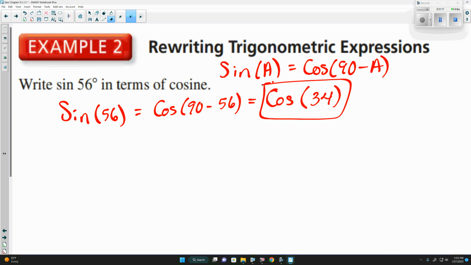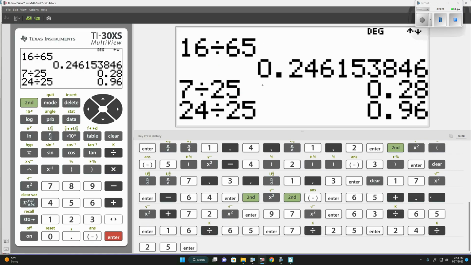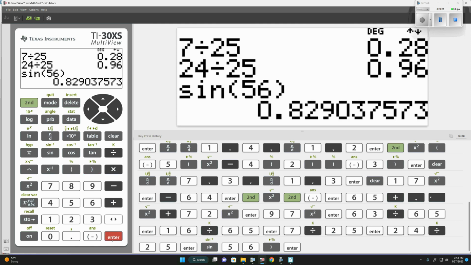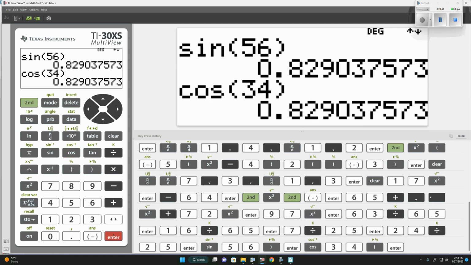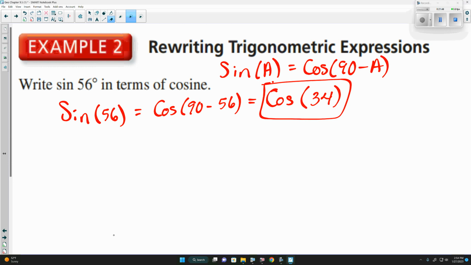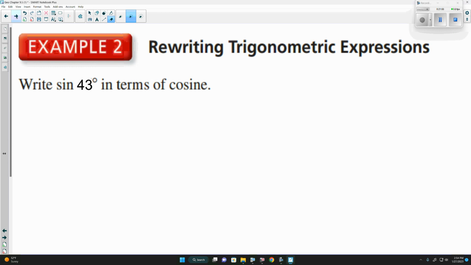So it's just plug in the numbers. So sine of 56, I'm going to show you this here, is 0.829037573. Cosine of 34 is the exact same thing. That's what those are on the calculator. So we can just plug it into the calculator like that to check our work afterwards. Make sure we got it right.